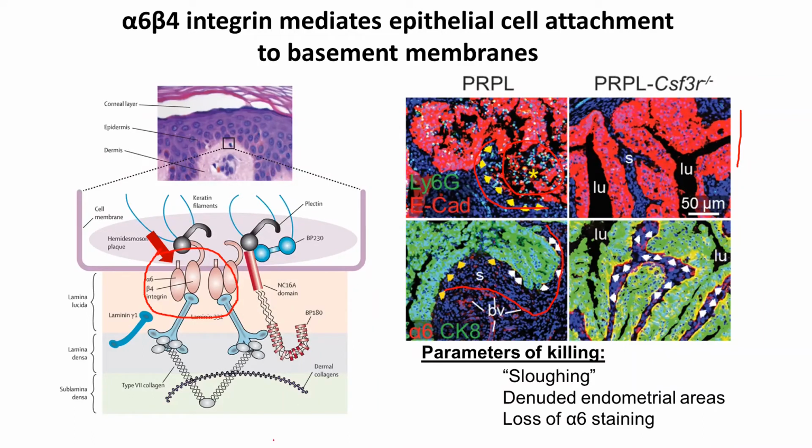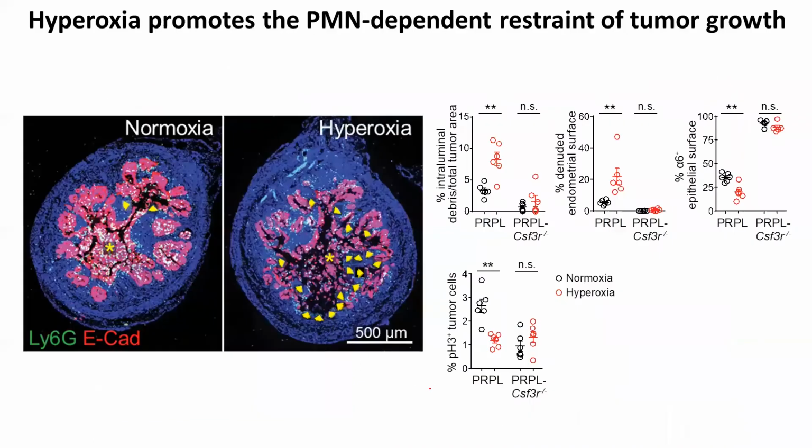So given that, we decided to evaluate these parameters of killing and how they were affected in purple mice upon relief of tumor hypoxia. As you can see here, relief of tumor hypoxia increased the percentage of intraluminal debris, as you can see in the representative picture.